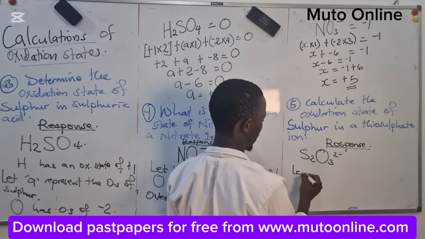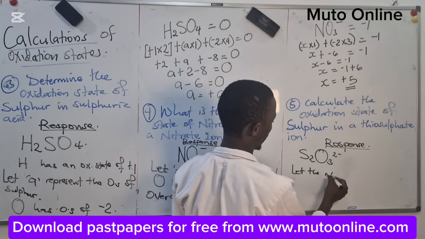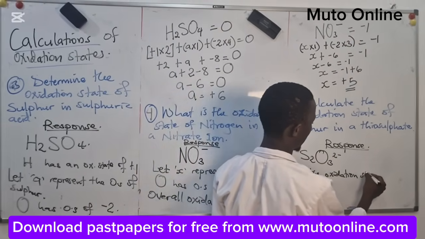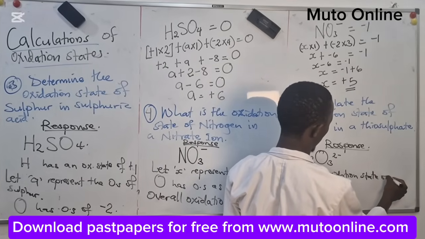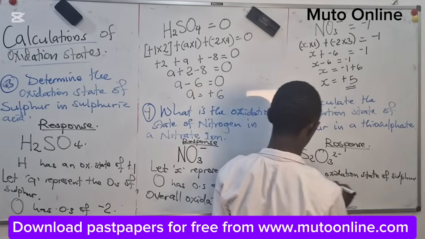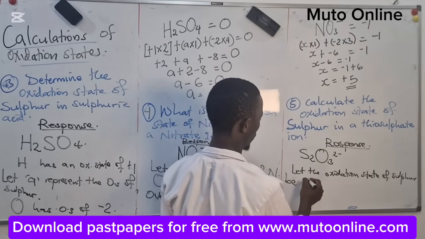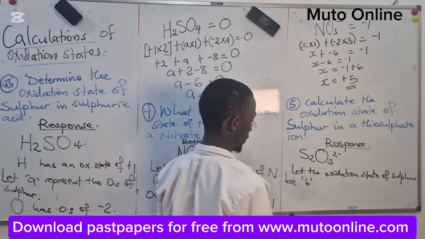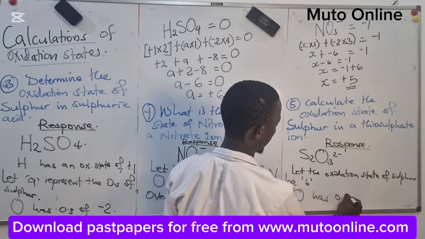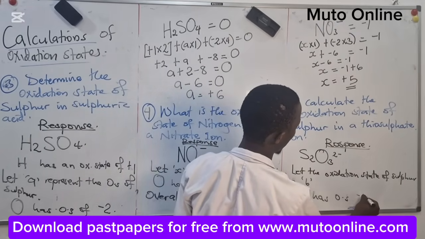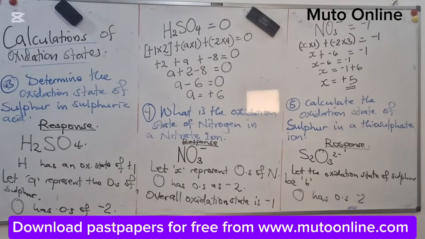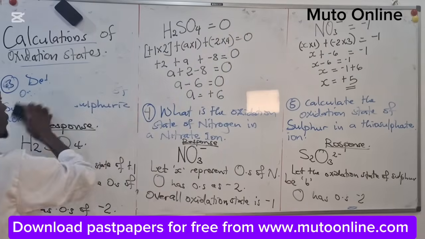So we shall say, let the oxidation state of sulfur be, let's call it B. And oxygen, we know it has oxidation state of -2 because it's not a peroxide here.